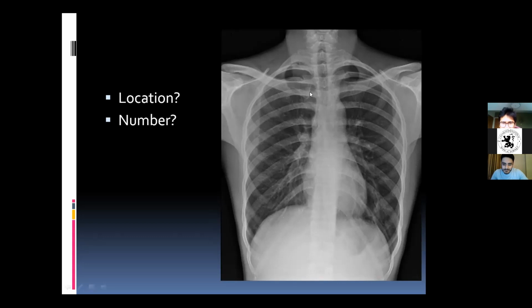Right. No, there is a bit of, I'd say there's indentation, but I wouldn't say there is a fracture. There isn't an actual fracture. You can't see any kind of hyperdensity that is associated with a fracture.